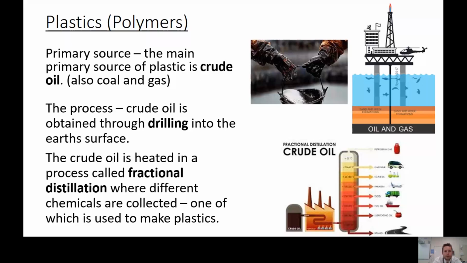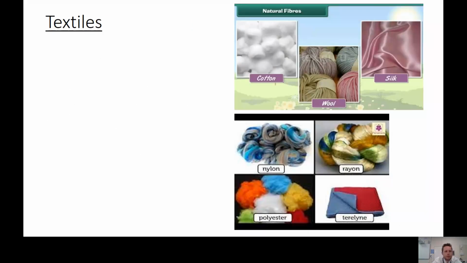And finally then, our fourth and final material that we use in design and technology are our textiles. Quite often forgotten when we talk about design and technology, because we often focus on the harder materials, but textiles are extremely important, and they're probably more commonly around us than you realise.